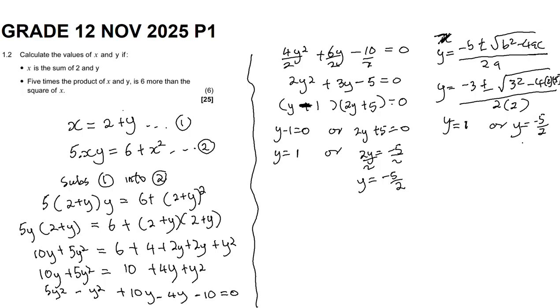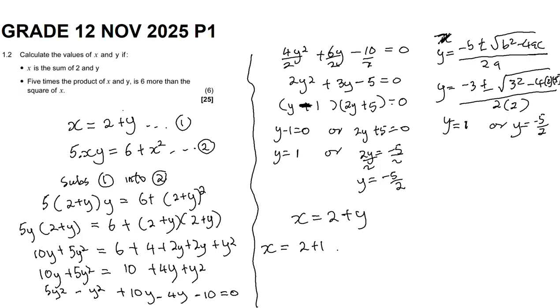You see, guys, we go back to the answers that we got from our quadratic equation. So now we have y values. Remember, the question says calculate the values of x and y. So now you have y values, you are left with x values. But you have equation 1 that says x equals 2 plus y. So to get x, you just have to put y as 1 and y as negative 5 over 2. So firstly, let's get x when y equals 1.